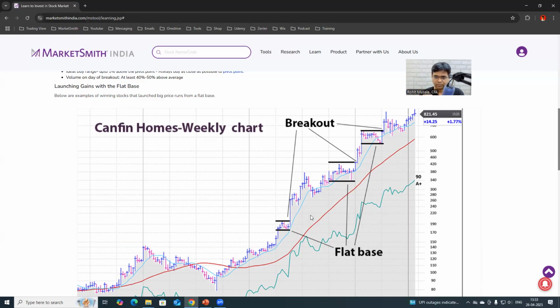So the point I'm trying to make here is, since you are a positional trader, you don't have time to sit and do analysis of weekly charts. The pattern is already marked for you on the Market Smith chart. You just have to ensure that six criteria are met. Apart from that, on the daily time frame, you should have blue, green, red moving averages.